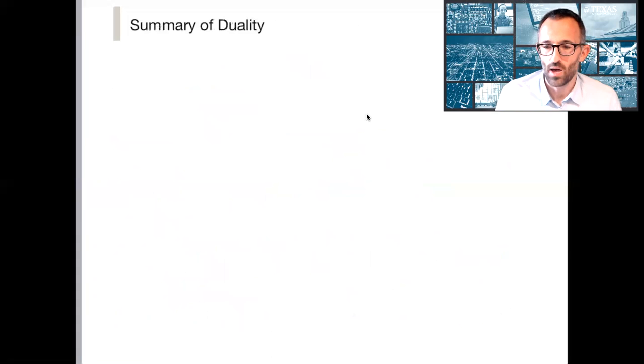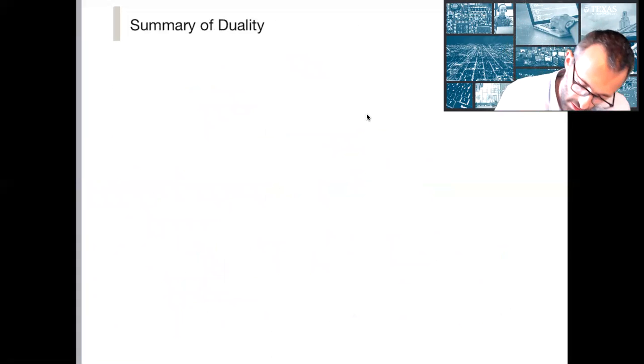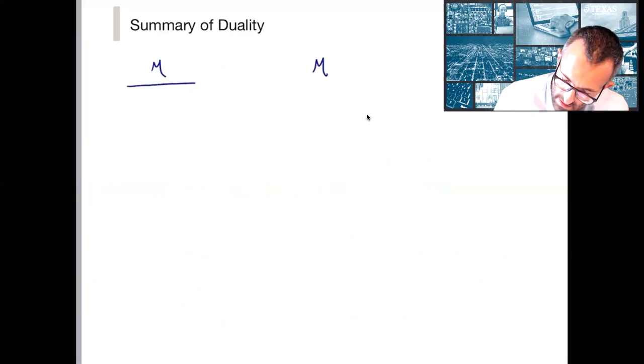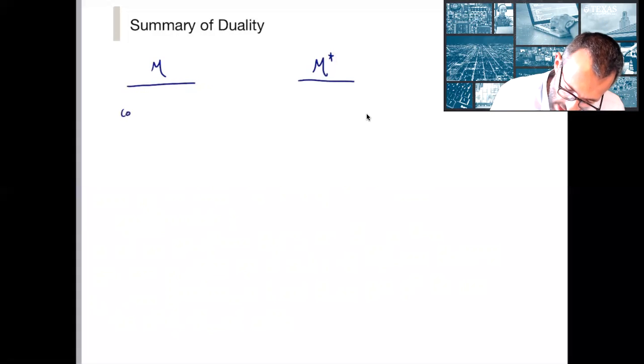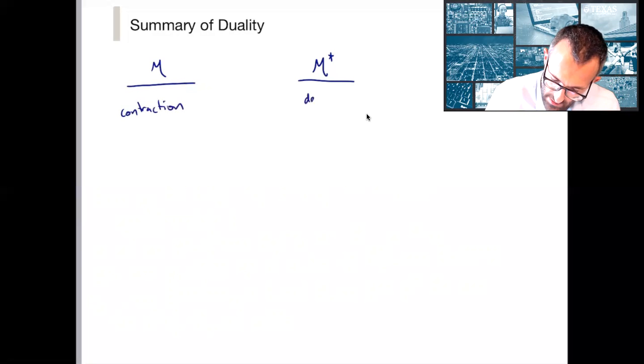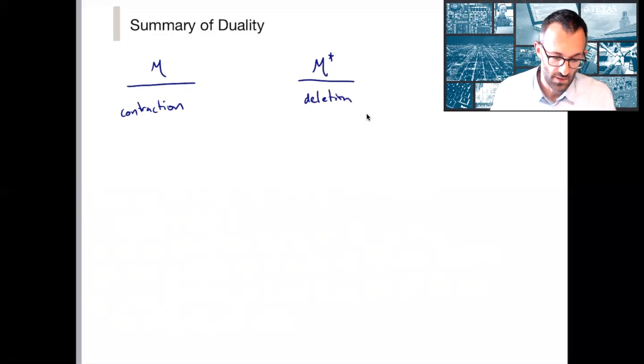So let's summarize a few points on matroid duality. If I have M and M star, then contraction in M corresponds to deletion in M star. This is the content of the lemma on the previous slide that we just proved.